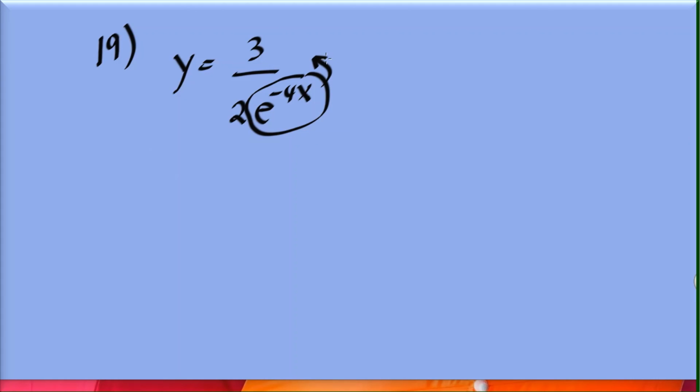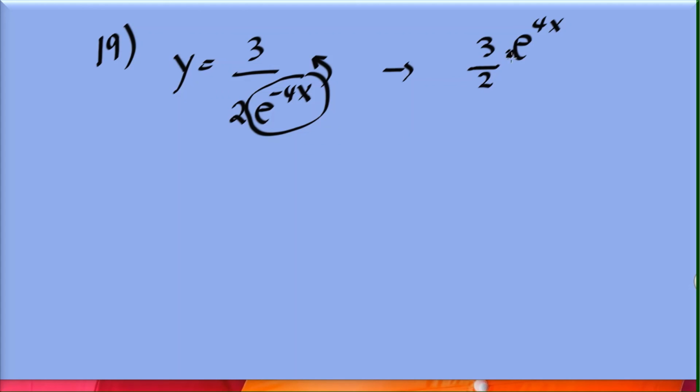Let's do number 19. What if you have 3 over 2e to the negative 4x? Again, it's over e to the negative 4x. You saw in number 18 that we can bring this up, and you don't have to use the quotient rule. So if you do the same here, you can bring this up. And now we have 3 e to the 4x over 2.